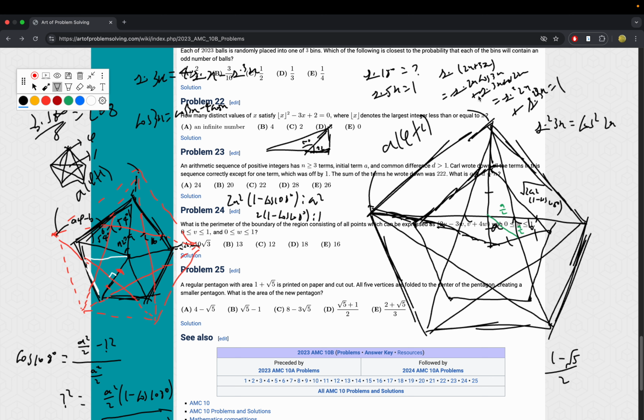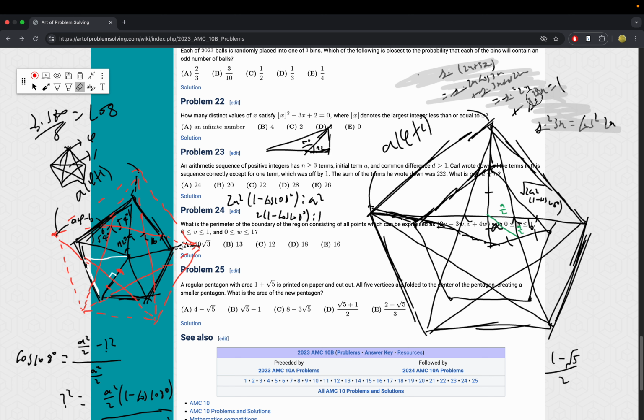Okay. This cosine 108 is hindering me. Let's try and use the bigger one, because I think that is faster.